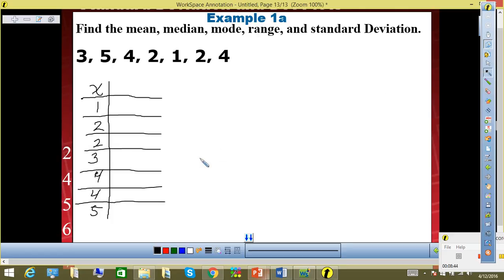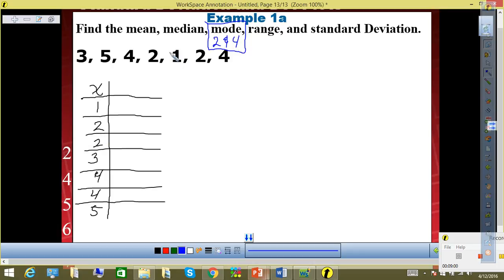So by looking at it, the easiest measure of central tendency that we can look at is what? Very good. The mode. What is the mode, everyone? 2 and 4. That is correct. The second easiest measure of central tendency, since it's an odd number of numbers, how many numbers are there? 7.